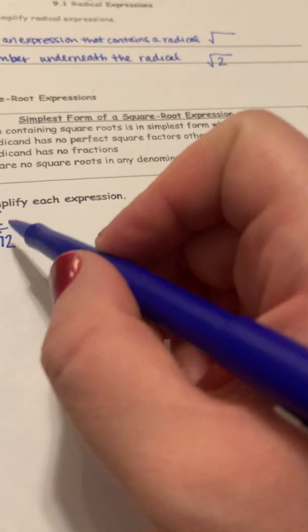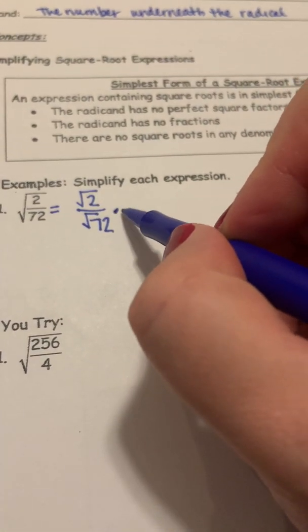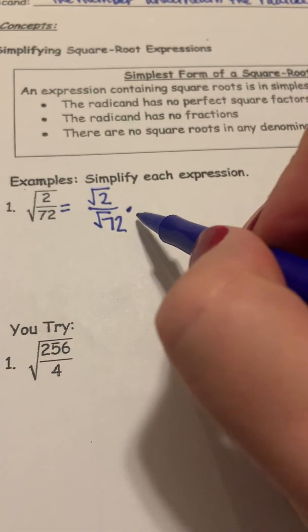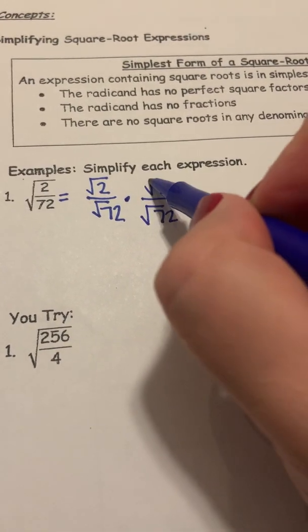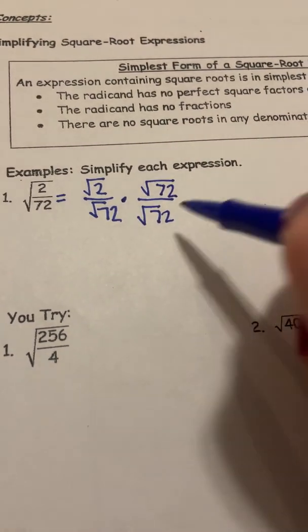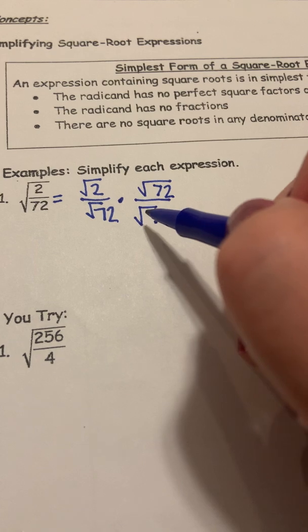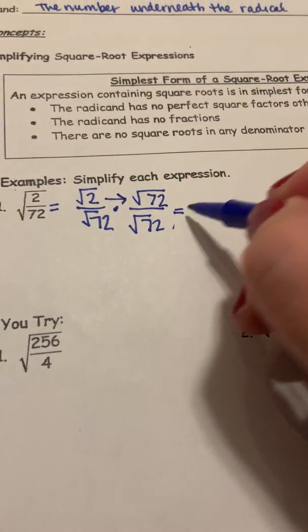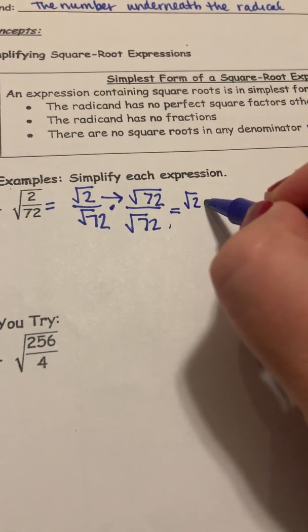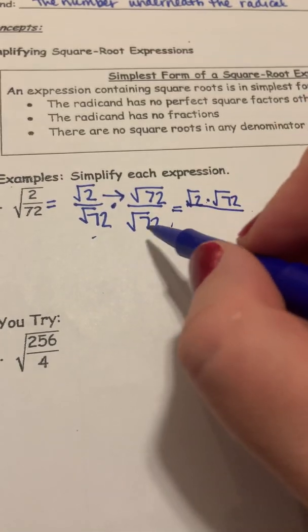So let's take a look here. In order to rationalize this denominator, you're going to take that radical in the denominator and create a ratio of 1 by multiplying this whole thing on the top and the bottom. Once I do that, I multiply across the top, I get square root 2 times square root of 72 over, now, square root of 72 times square root of 72.